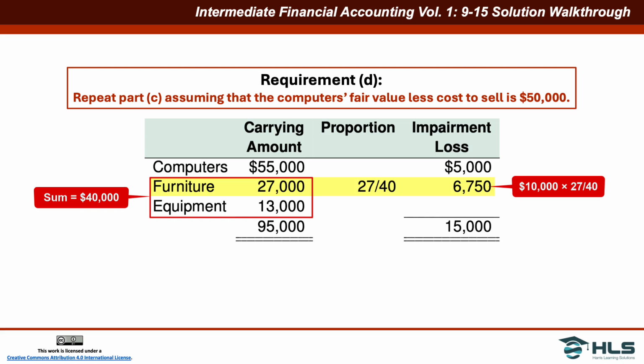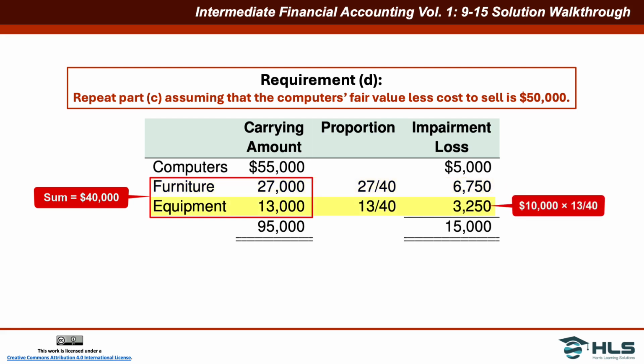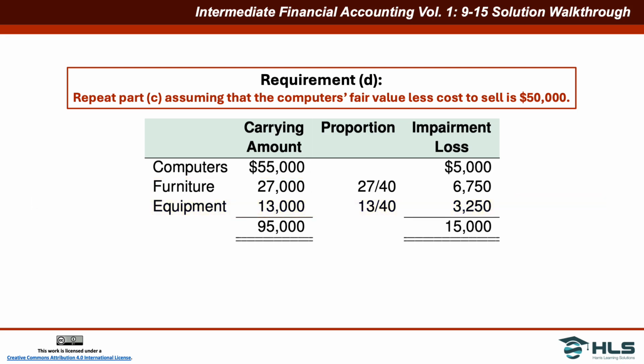So the furniture plus the equipment add up to $40,000. So $10,000 in remaining impairment loss times $27,000 over $40,000 is $6,750, and the remainder $3,250 is allocated to the equipment based on $10,000 times 13 out of 40. And that's it. We're done the problem.